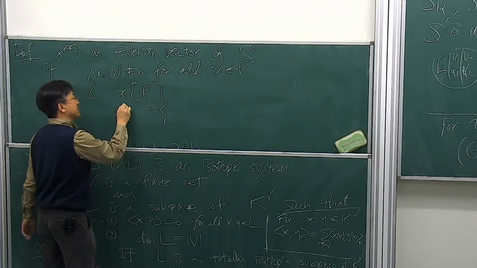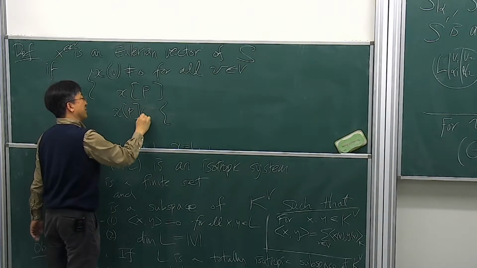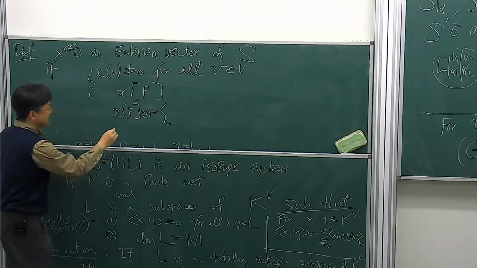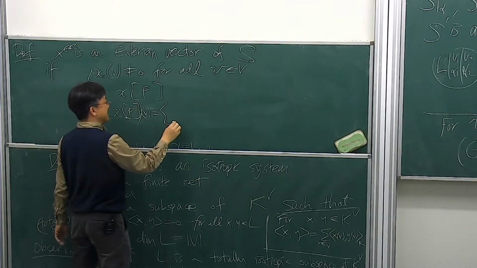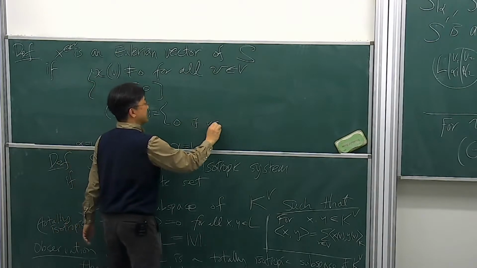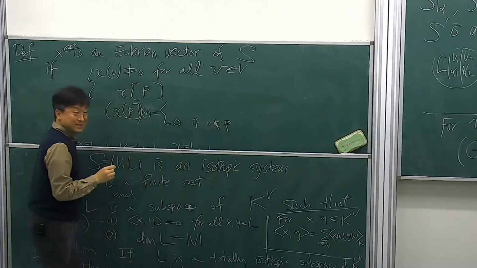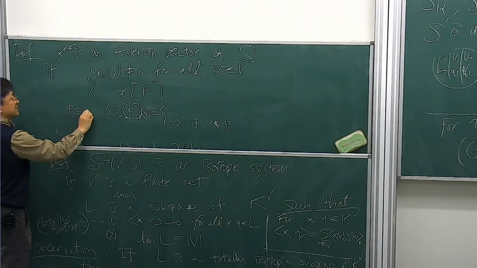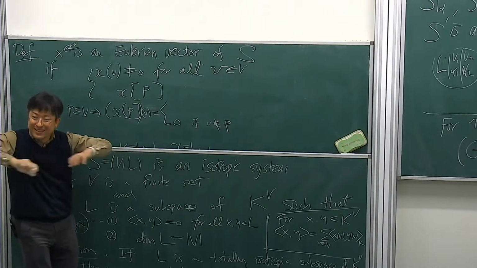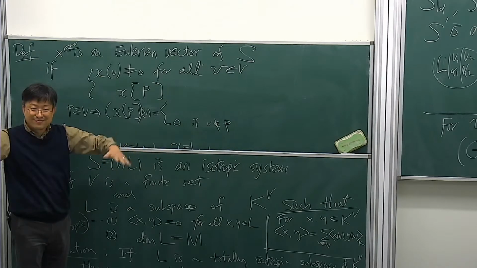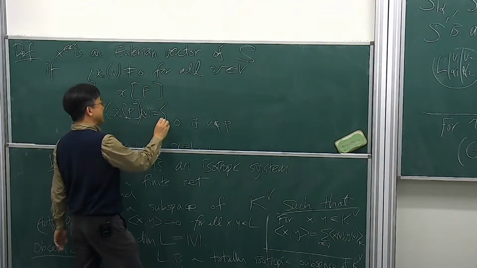So X restricted to P. I don't know whether you like the notation or not. This is a vector where it's 0 if v is not in P, where P is a subset of V. So outside P I'm going to ignore, make it 0, and inside I keep it.